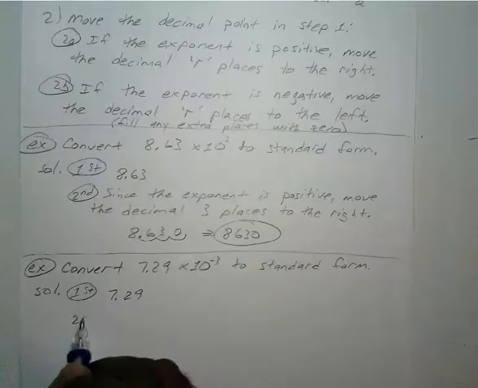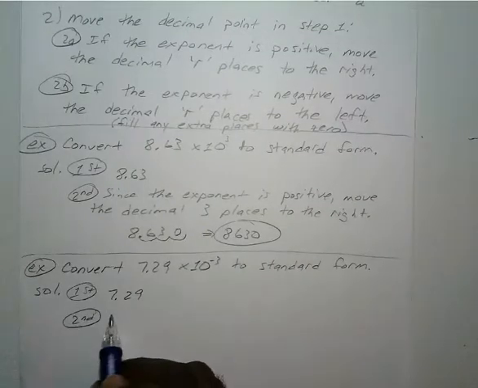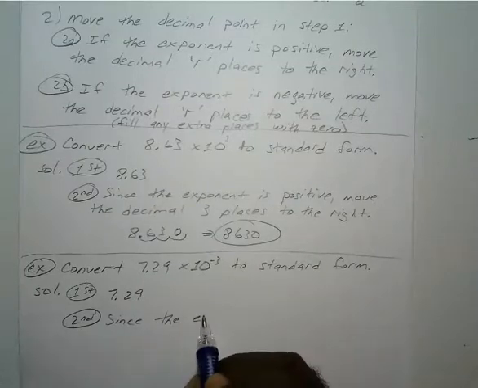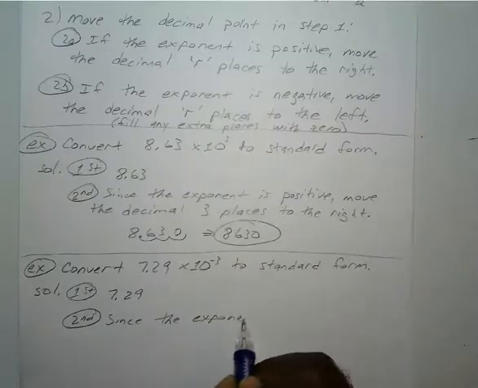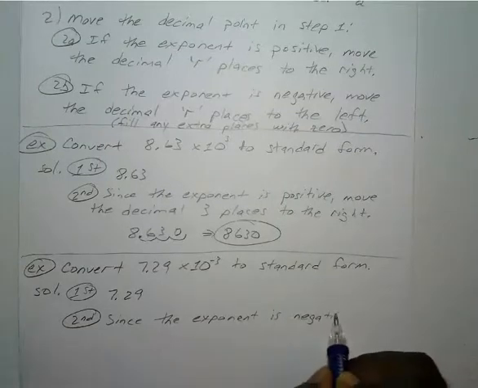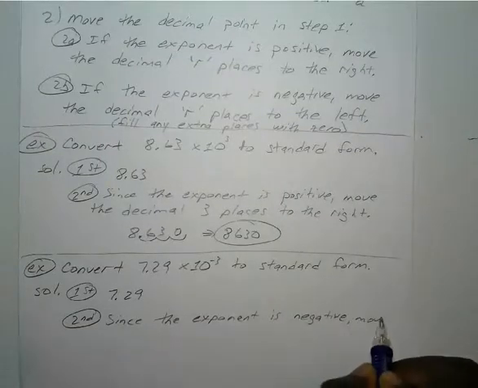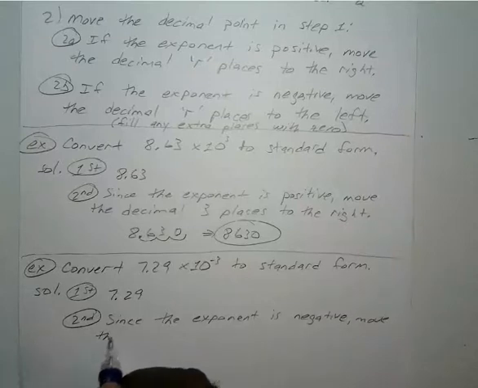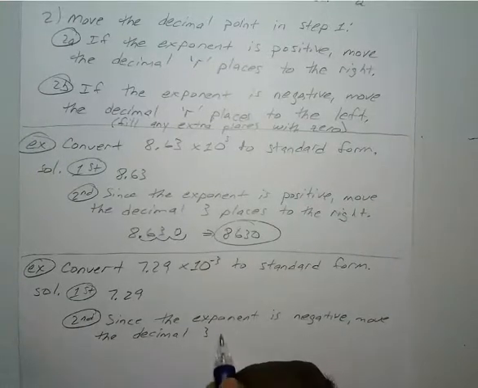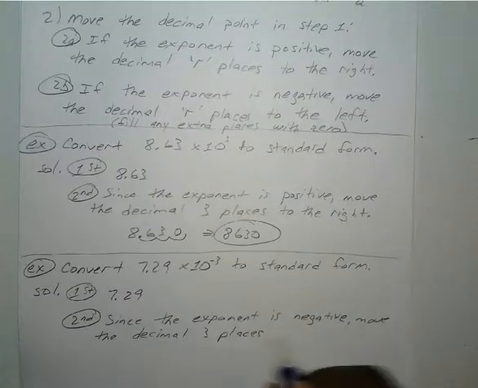So your second step, since the exponent is negative, move the decimal 3 places to the left.